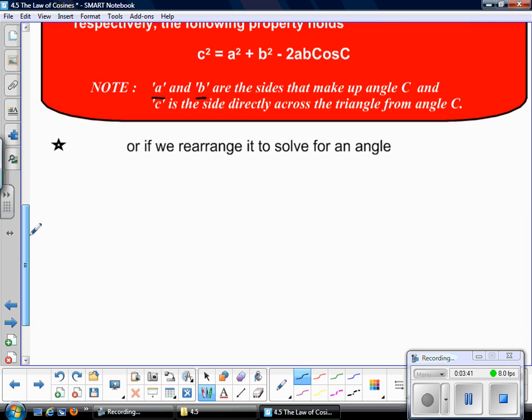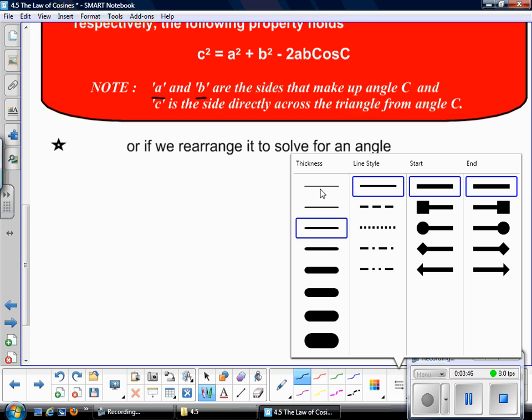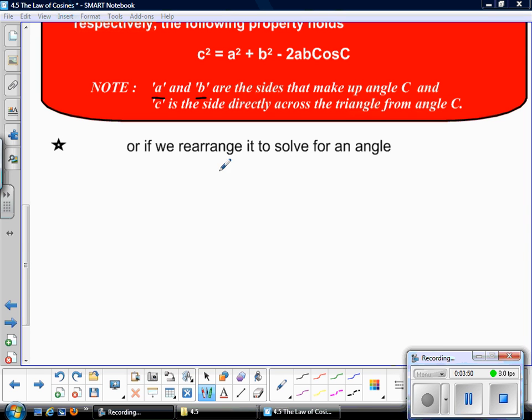After we do this rearranging, I will give you the formula for finding the angle if you have all three sides, but we will go through it right now.